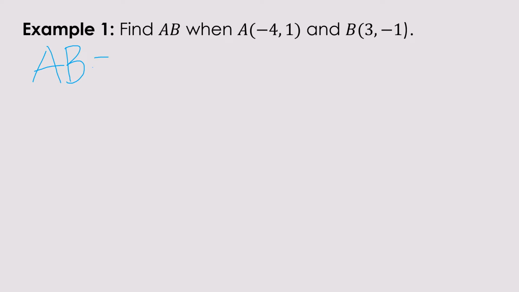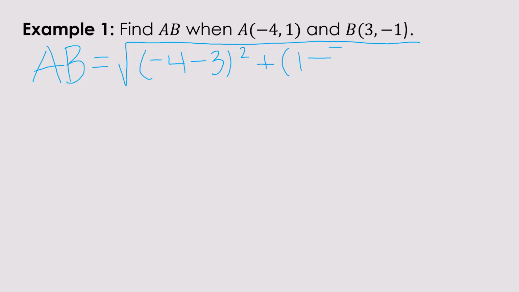we're going to do the square root, and we're going to take our x values, -4, and subtract our other x value, 3, and square it. And then we're going to take the first y value, 1, and subtract the second y value, -1. So -4 minus 3 is -7.